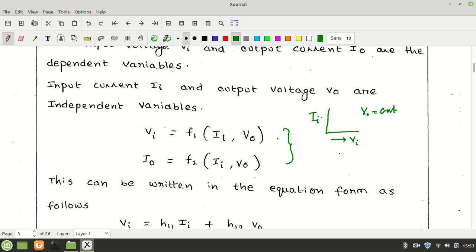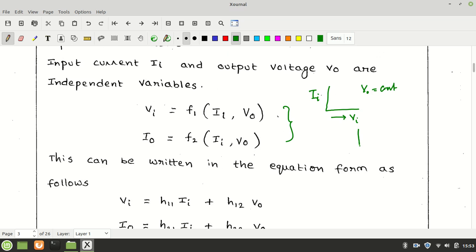And for the output characteristic, you have plotted output current versus output voltage, but keeping input current constant.